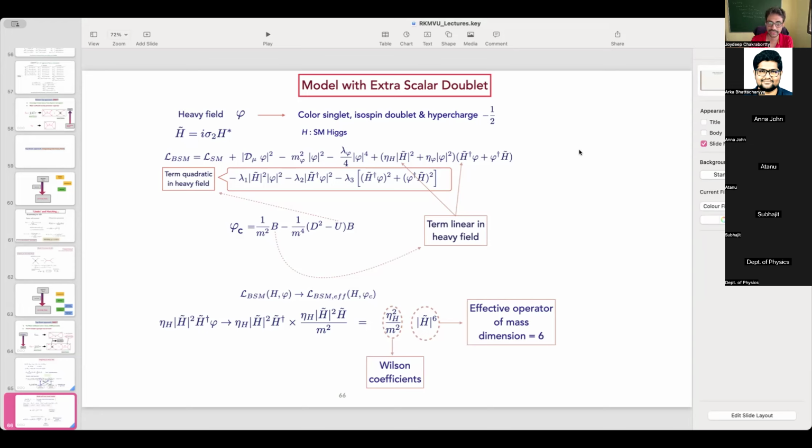It's not for us to set this. It is the data that will tell the allowed values of eta h and m. Right? So m equal to 1 TeV is a naive, intuitive choice, but it's not a robust thing to do. Data should tell this.